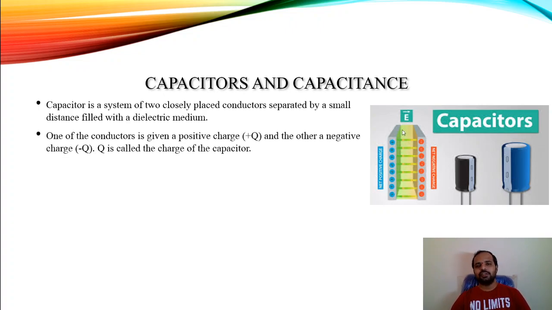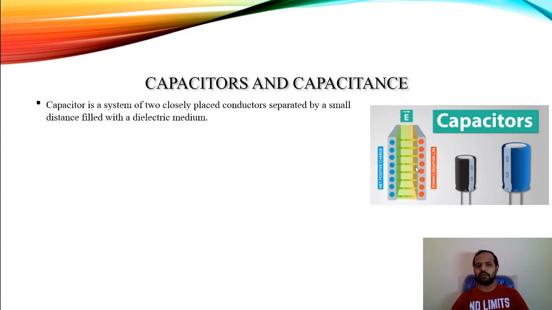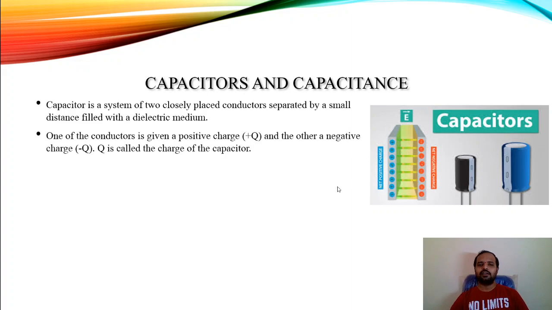Now, usually in case of a capacitor, one conductor is charged with positive charges and one conductor is charged with negative charges. The two plates are given equal magnitude of charges, but the sign of the charges obviously will be different. That is, the two conductors will be charged with equal number of opposite charges on either of the two conductors.